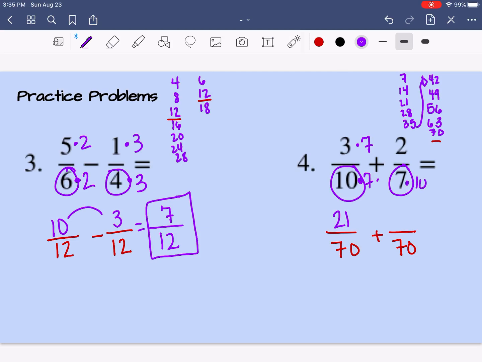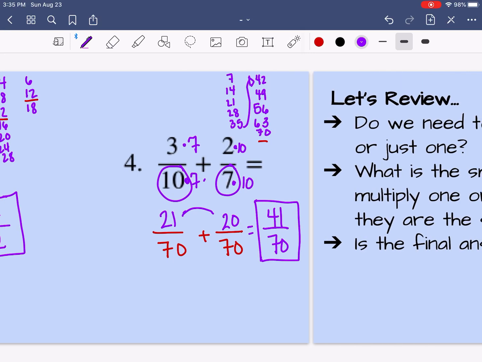And on this one, I need to multiply by 10, so this is 20. And when I add those together, my denominator is 70, my numerator is 41. I can't divide 41 and 70 by anything, so that's it.